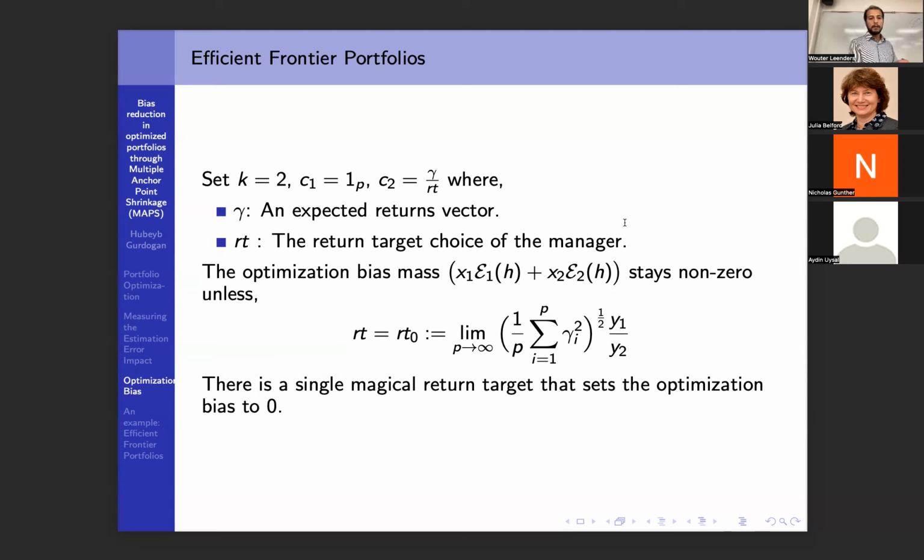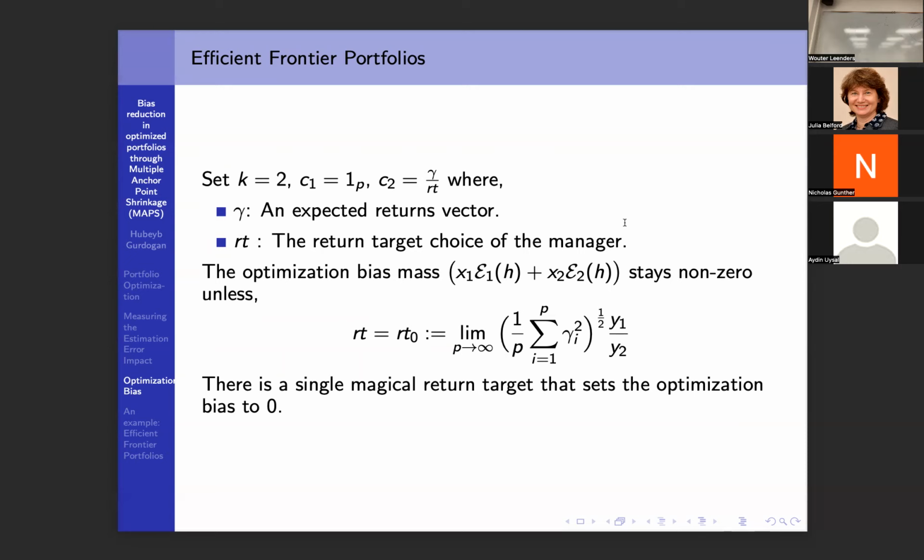Then if we take one step further in that equation when we were describing that happy moment, notice that we have this freedom over the return target, which is we can play with the norm of this constraint that is generating the efficient frontier curve, right? So we're looking at the efficient frontier curve at once here.